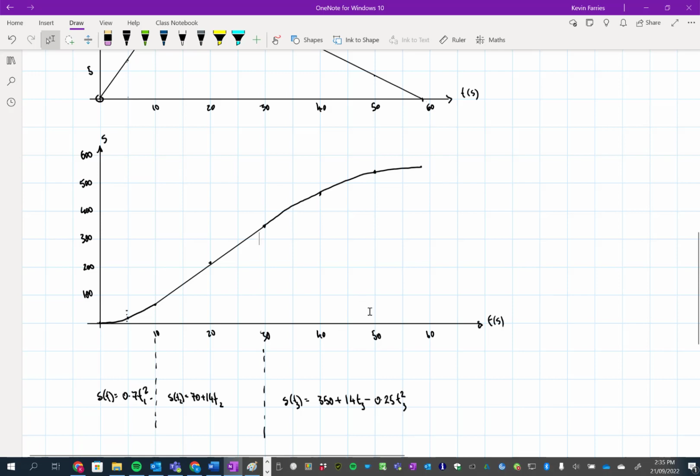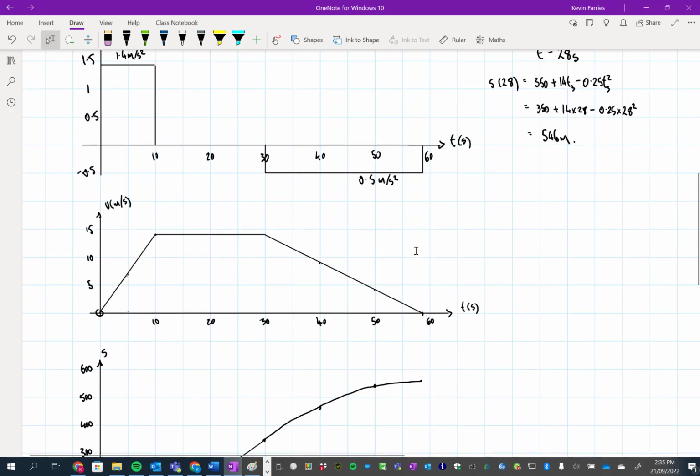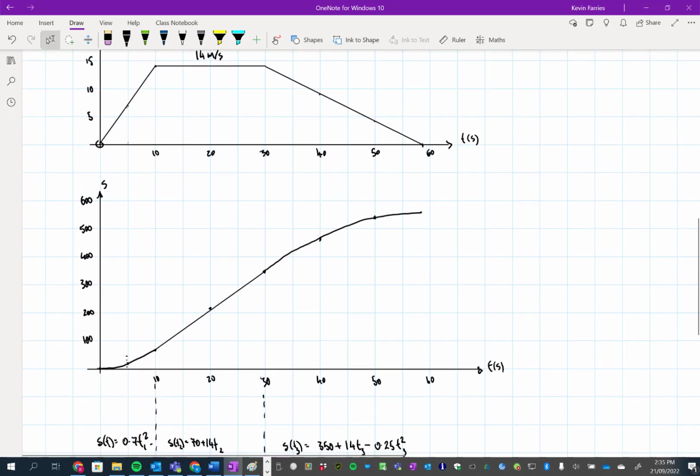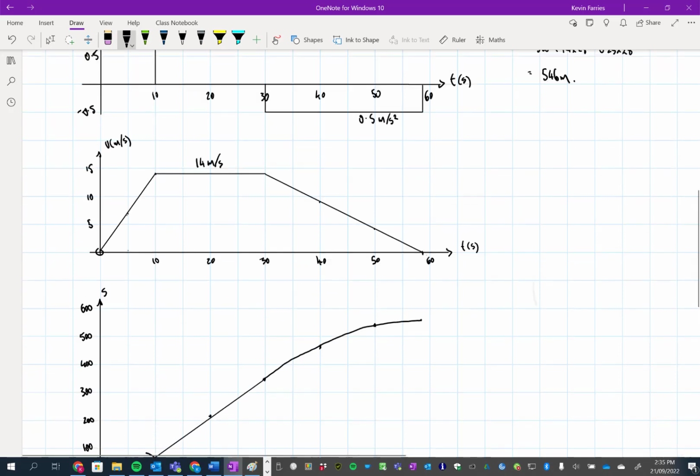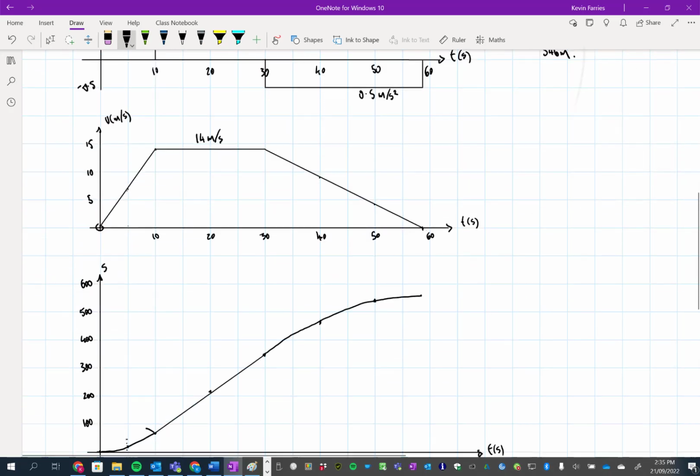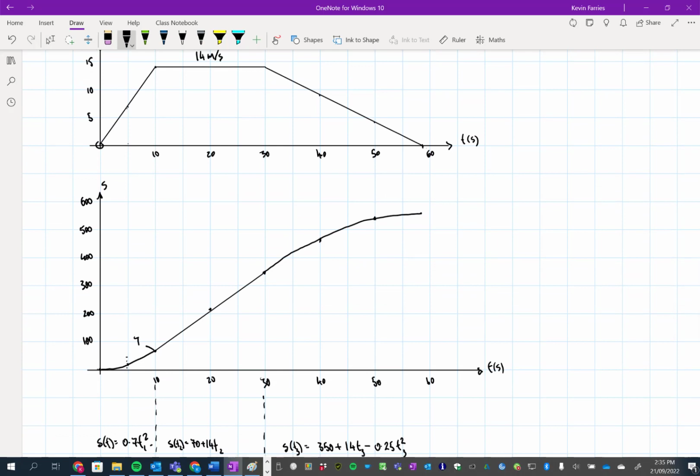Now, just checking I've got everything I need in there. We could put on some values here. So this would be 14 meters per second. And we could put some values onto this as well. So this here was 70 meters, was where at the end of that stage.